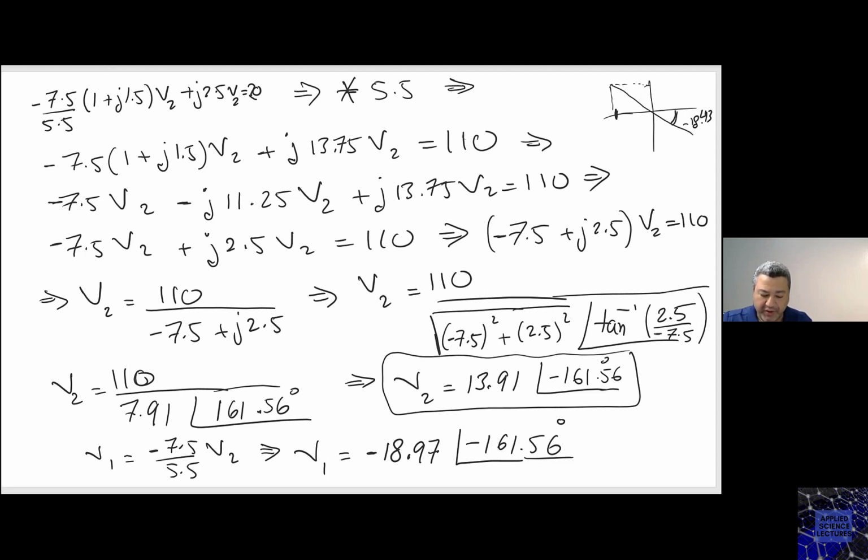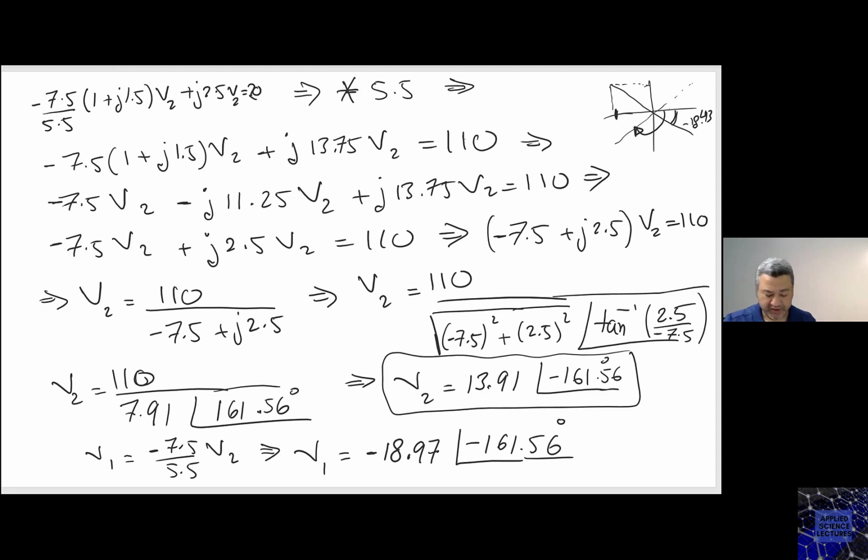Right now I'm in the third quadrant, and I need to add 180 degrees phase shift if I want to write this one in positive. The best way is to add 180 degrees to get the phase angle, instead of going minus 180 degrees.